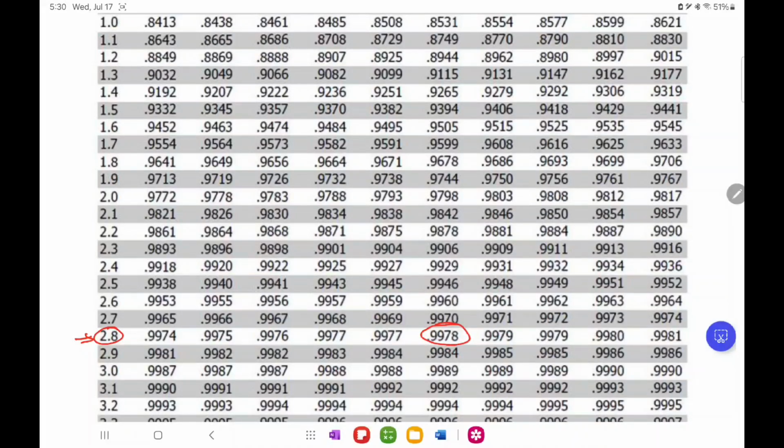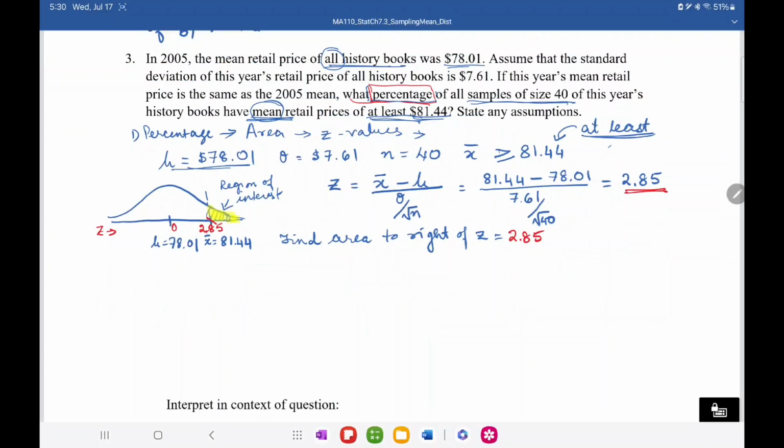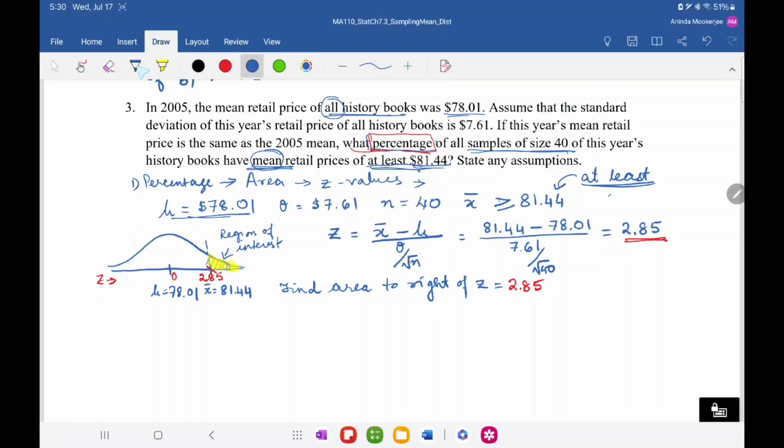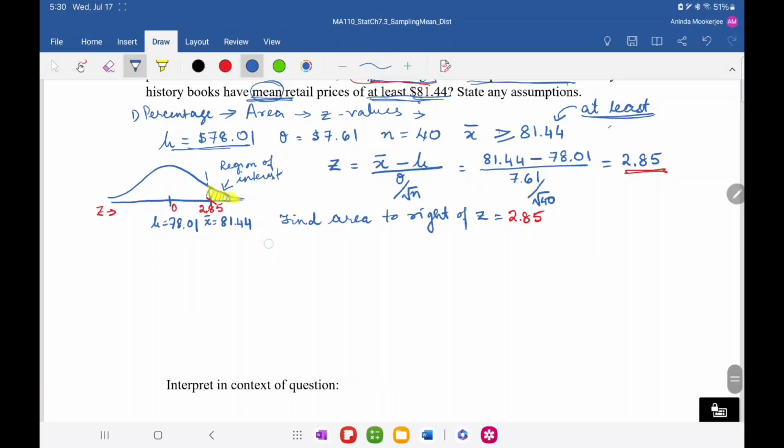All right, so now I'm going to go back to my worksheet here. 0.9978. The area to the left, I'm going to write here from the Z table: area to the left of 2.85 is 0.9978.